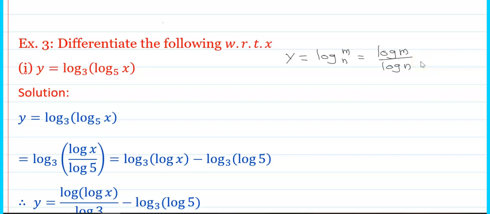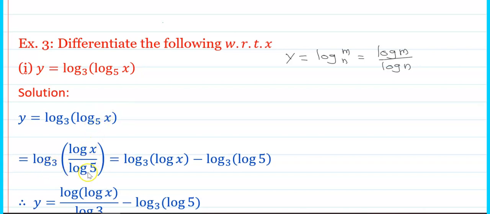In a similar way, we have changed here. That is log of x to the base 5. It can be written as, first of all, we change this. That is log of x upon log of 5. Log of 3 is as it is. This is the log of 3.